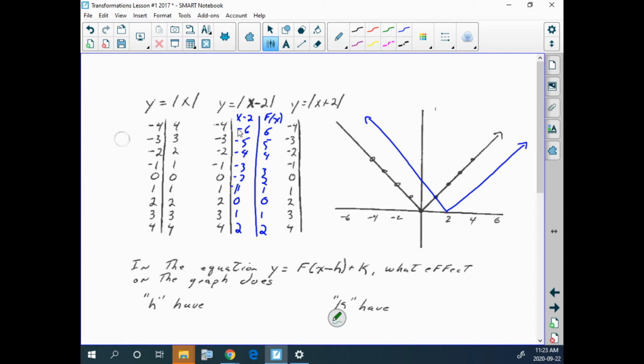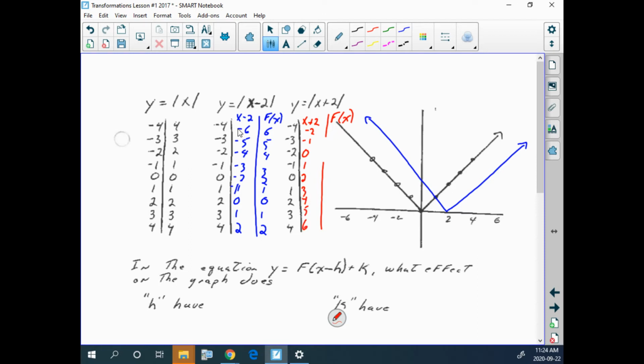And if I do the same thing for this and I add 2 and then plug that into my function, which is that absolute value, -2, -1, 0, 1, 2, 3, 4, 5, and 6.